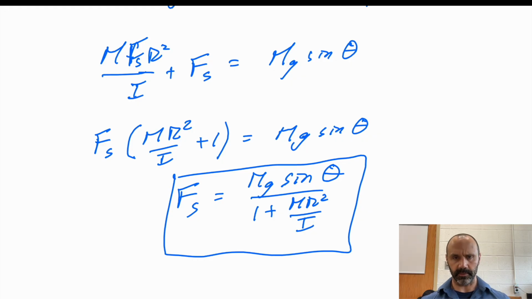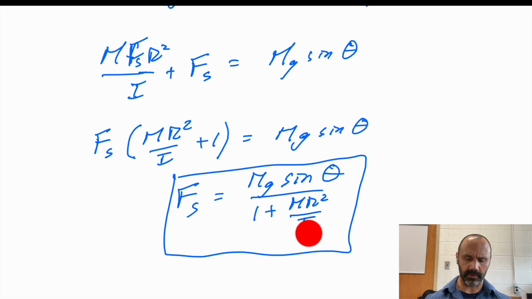So let's think about this for a minute too. We want to check this out. I is on the bottom here, so it's mr squared over I. So if we have something like a disk as opposed to the ring, a disk is 1/2 mr squared, which has a smaller moment of inertia. And we had said that that has a smaller coefficient, or smaller force of friction, right?